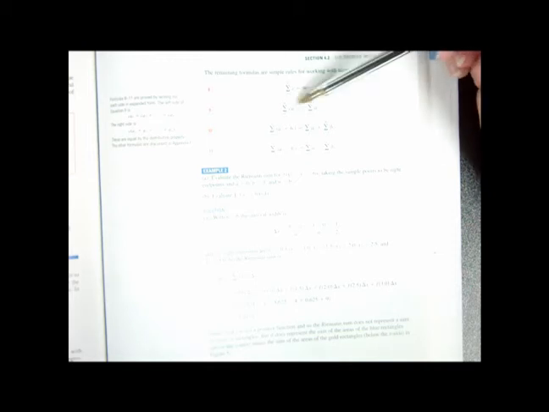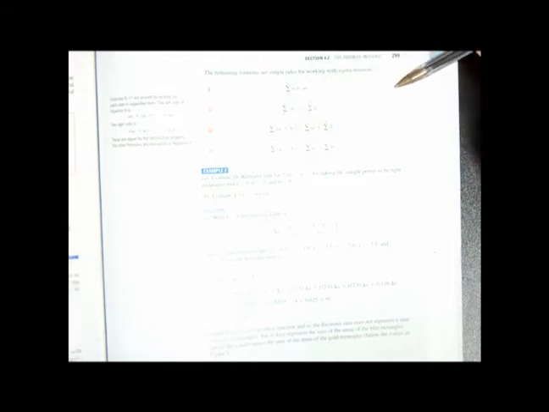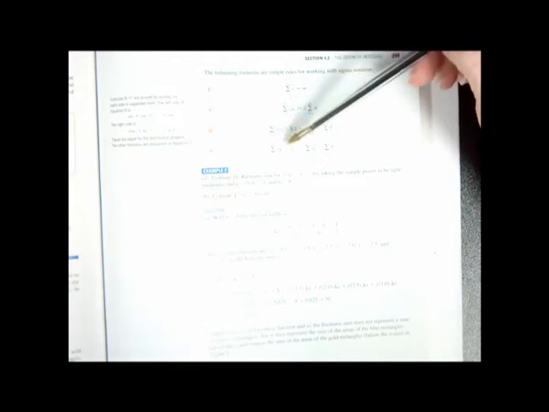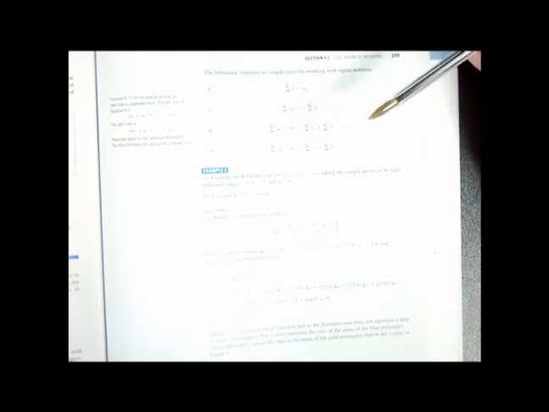Here I am reminded that if I have some kind of expression and it's all multiplied by c, I could actually factor out my c, do my sum first, and then multiply by my c. Number 10 says I could find the sum of the first one and the sum of the second one and then add them together, or add them together and then take the sum. And again, the difference, you can also do the same thing.